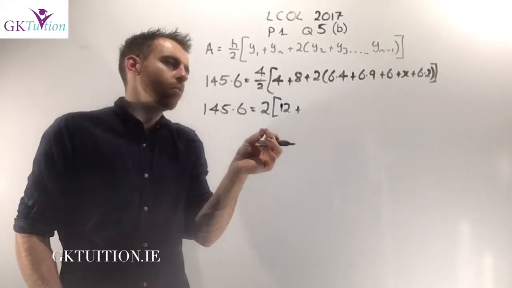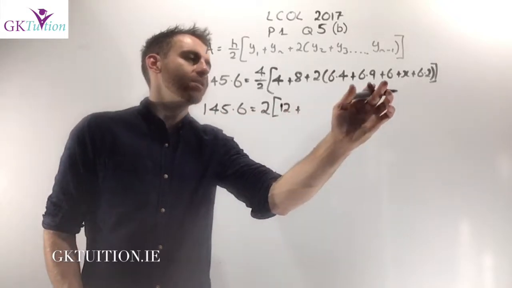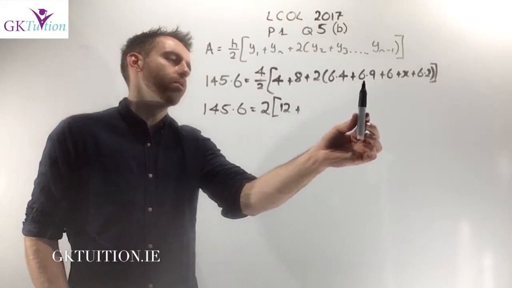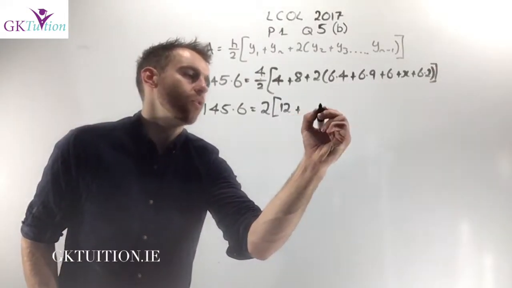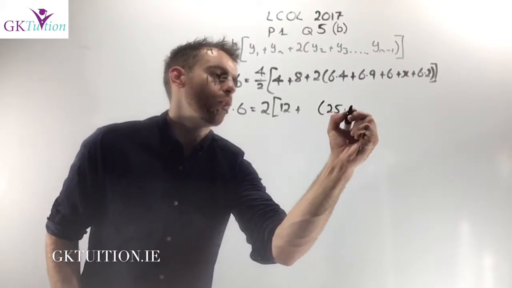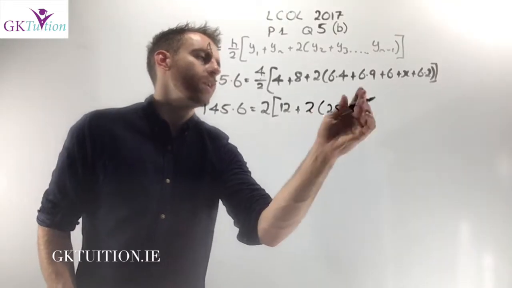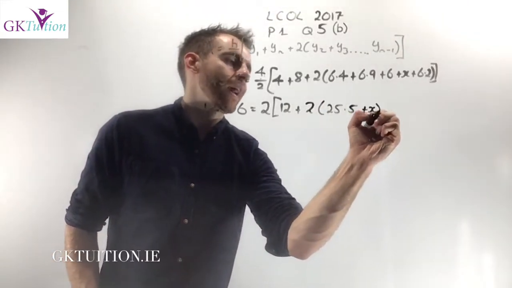At the moment I can't add those to the x because they're not like terms. But I can add these 4 terms because they're all like terms. If you add 6.4, 6.9, 6 and 6.2, you end up with 25.5. So it's 2 multiplied by, and if I simplify that bracket fully, 25.5 plus x.